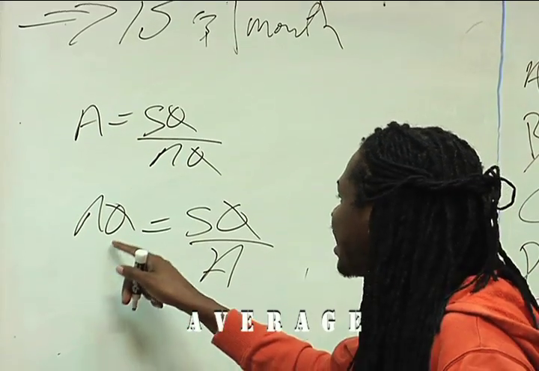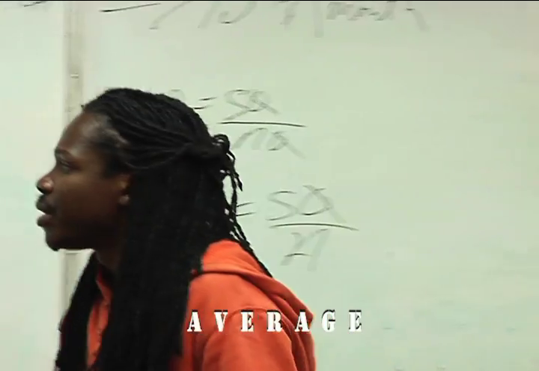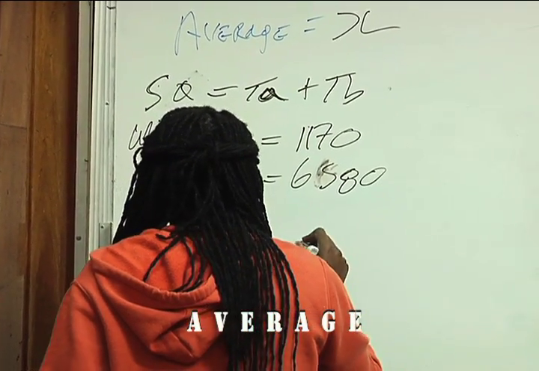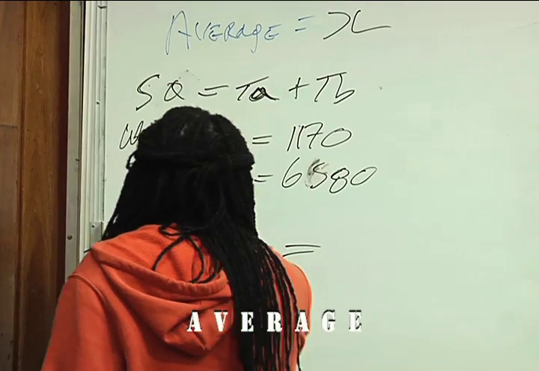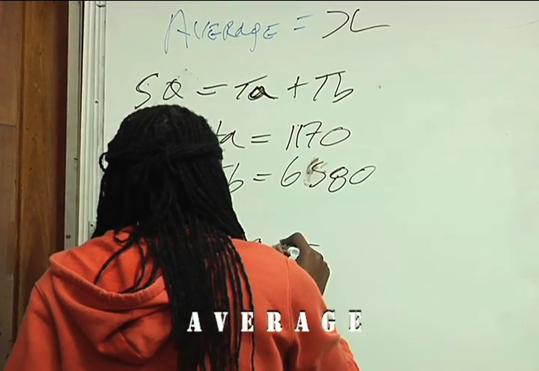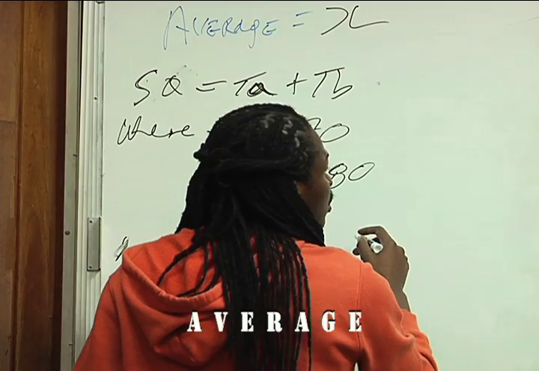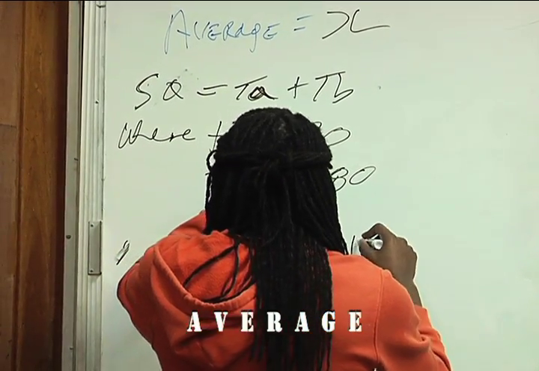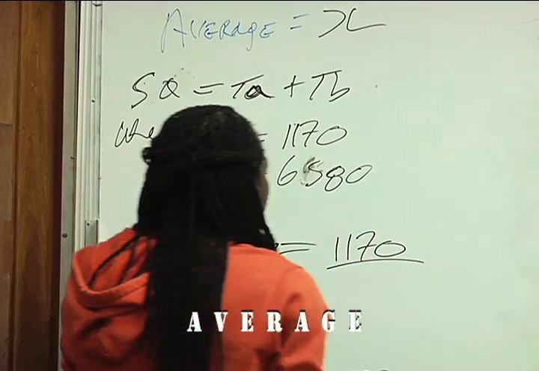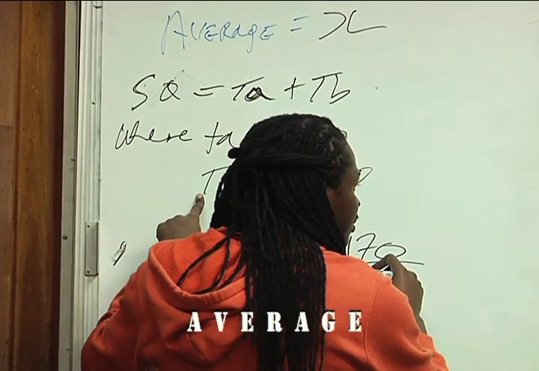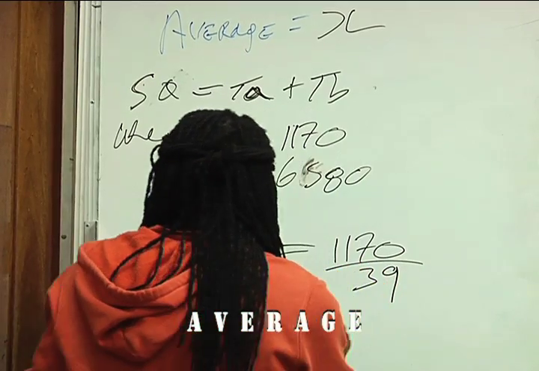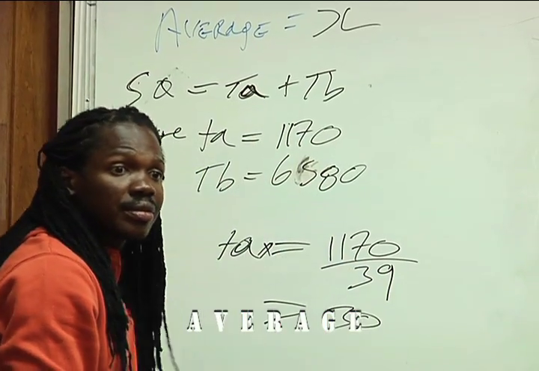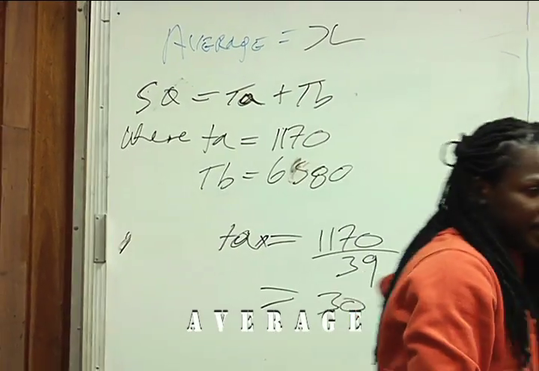So if I want to find NQ, we have to find that now. So NQ for TA equals SQ for TA over the average for TA, which is 1170 over 39, so NQ equal 30. Good.